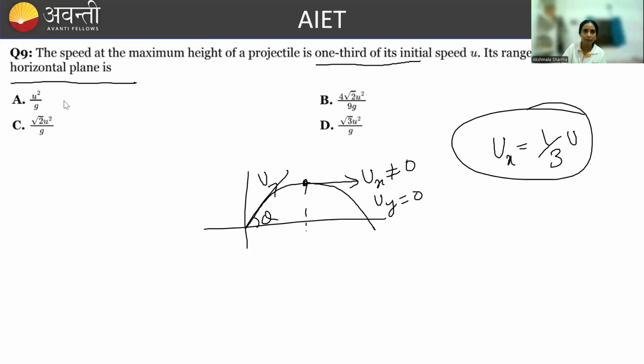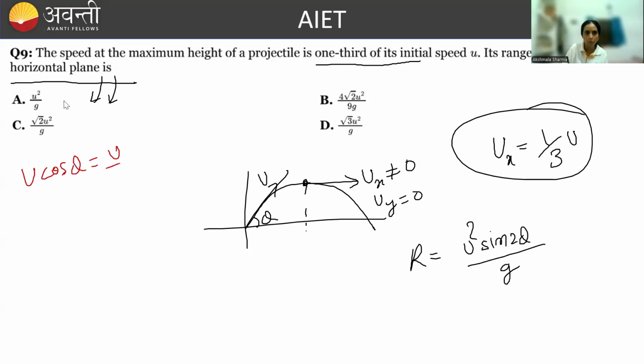This is right. Its range on the horizontal plane will be how much? The range formula is again what? U square sine 2 theta by g. Okay. So from here, ux is what? U cos theta. Let's solve that again. So ux is u cos theta, and this is equal to u by 3.